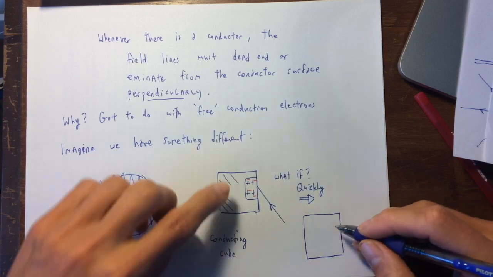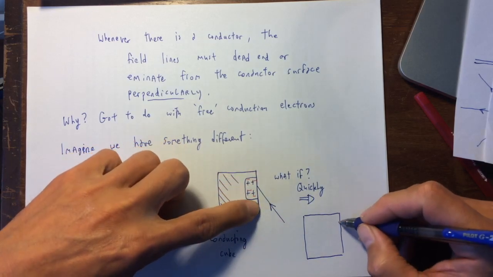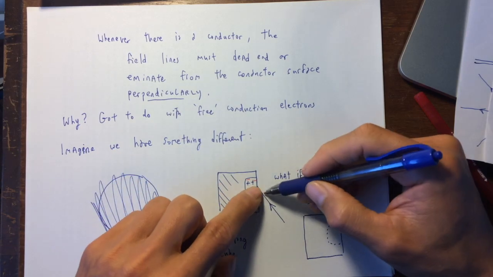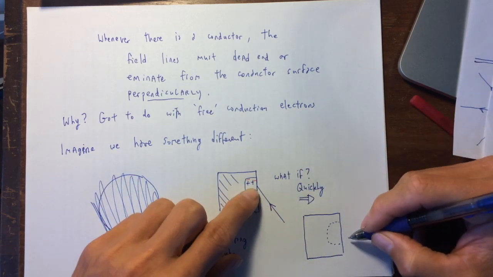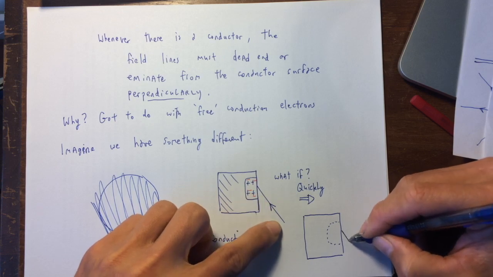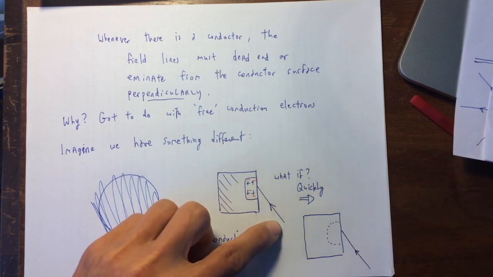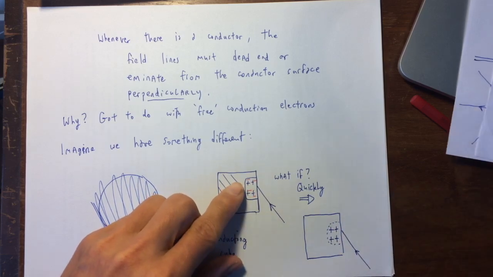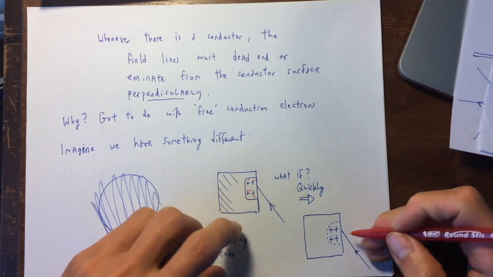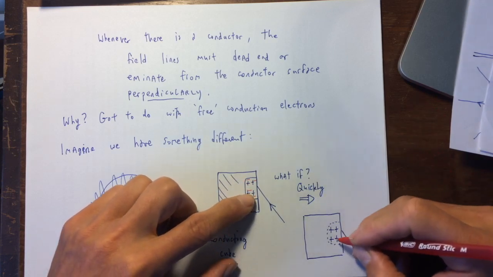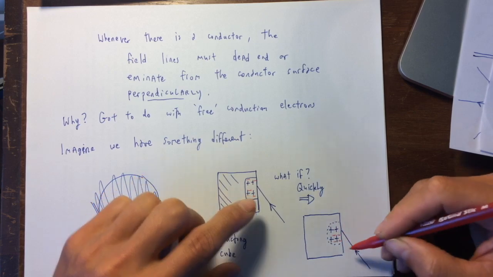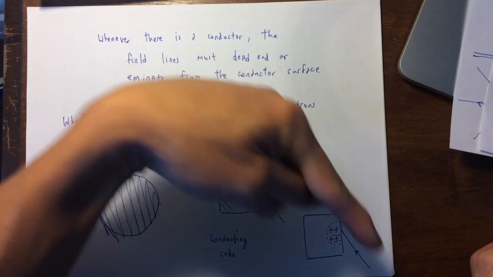So in this little space where I'm looking at the charge, this field line, actually, there is no reason for it to be different, so I'm going to leave it the same. But the little pluses, they're not allowed to move because they're not the conducting charges. But the little minuses do get to move, so they move down to the bottom and sort of close to the surface.